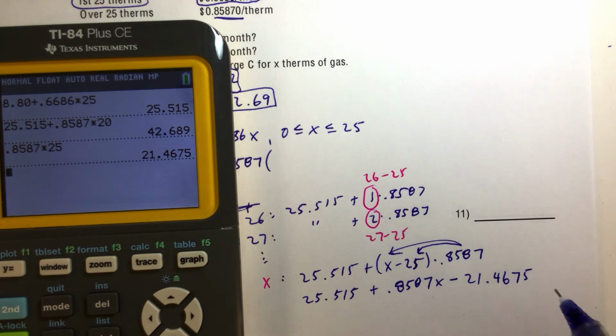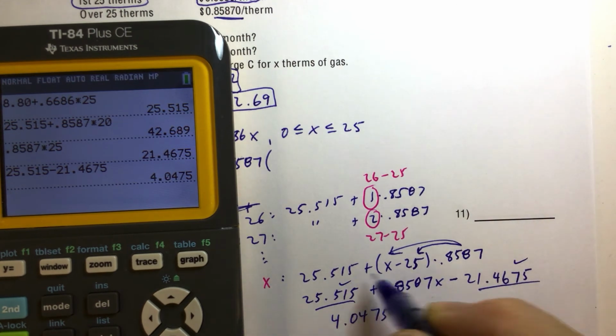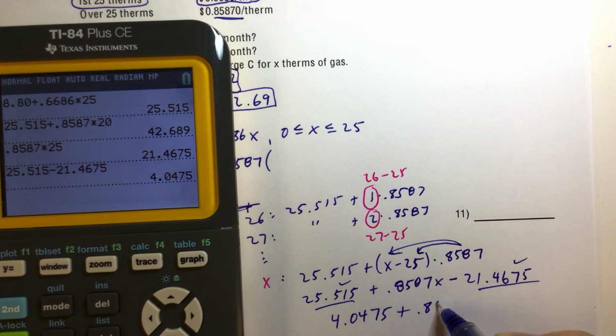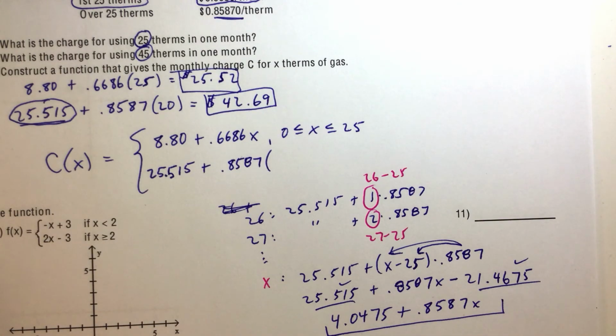This could be kind of a pain, but we're going to combine like terms here. 25.515 minus 21.4675 gives us 4.0475, and we combine those two like terms, we still have this 0.8587x. That is how much you're going to be paying as long as you are using more than 25 therms.